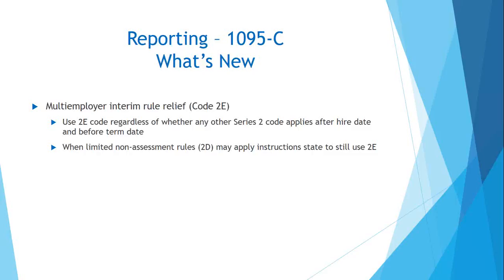If you're doing a form for a union employee, that code is 2E. Doesn't matter, it's still 2E. We just want to make it really easy. So it is 2E if it's a union employee, no matter what other code applies. It's still the same where it's a 1H and 2A if they're not employed by you on any day of those months.